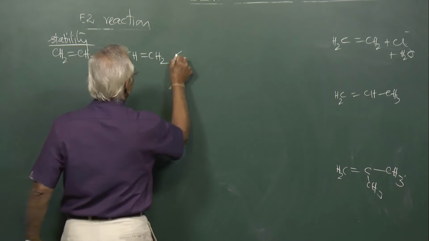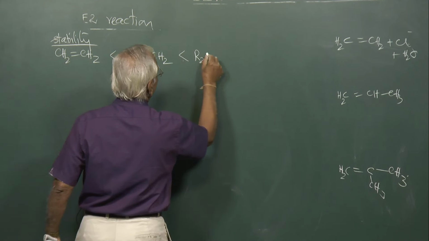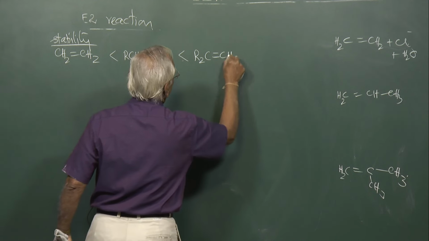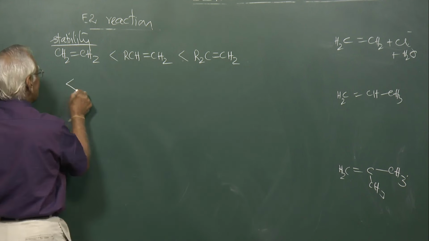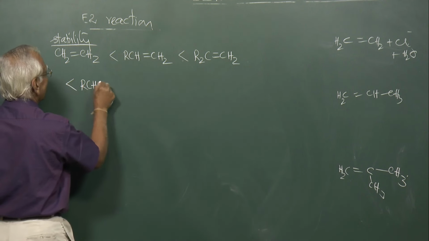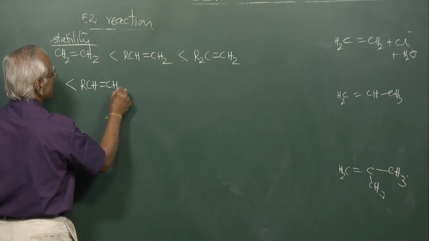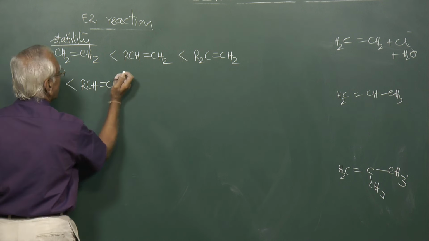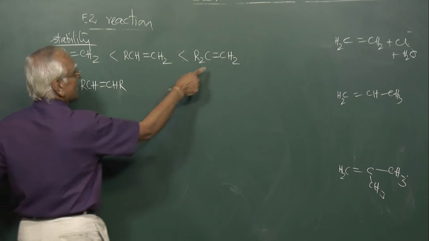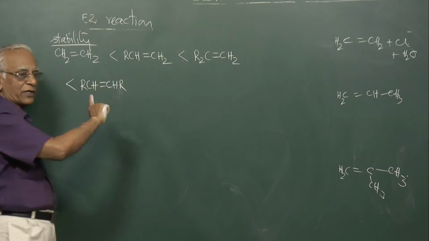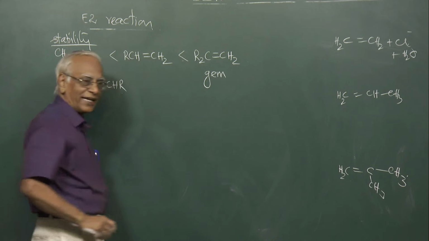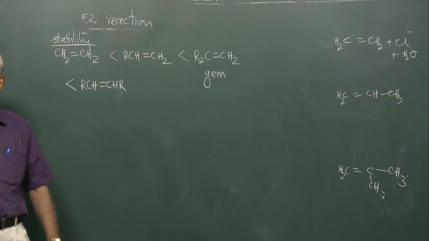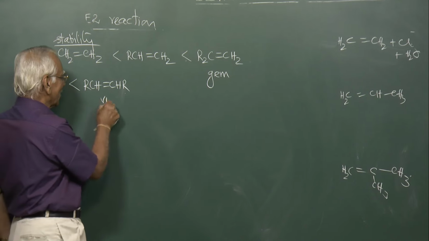The next one, dialkylated alkene, which is less stable than one more dialkylated alkene. One more dialkylated alkene, but attached to a different carbon atom, whereas the gem dialkylated alkene is attached to the same carbon atom.